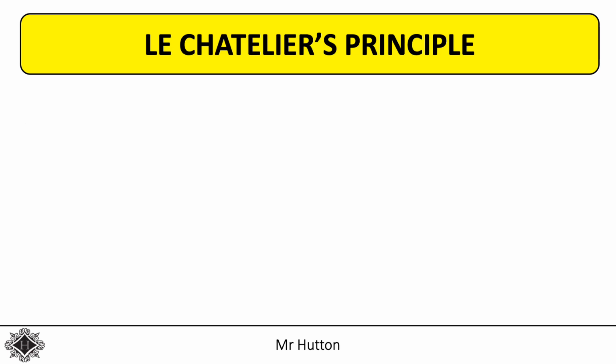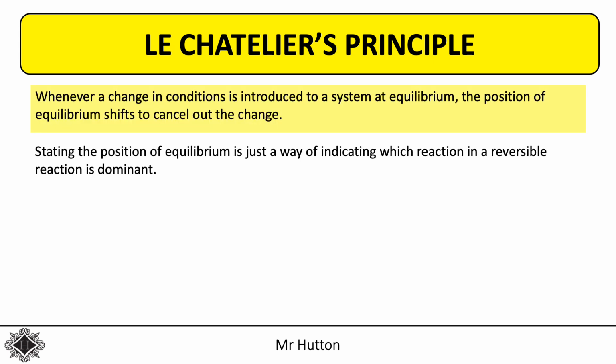Finally, Le Chatelier's principle. This is a principle you need to know in terms of what happens when we alter conditions. I'm bringing it in now just so you know it before we go on to the altering conditions lessons. You will use it a lot in the next lesson, but I think it's best to introduce it now.